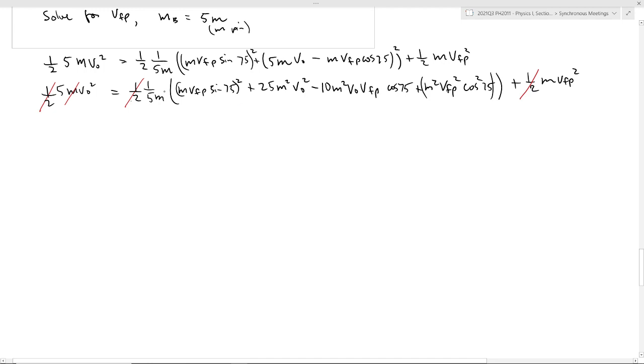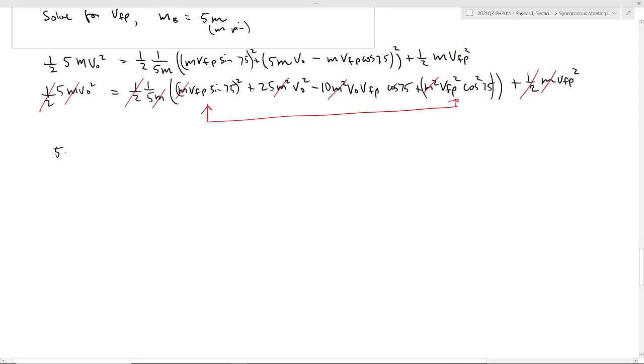So the m's all go away. And then let me just rewrite it, and we will combine this piece, the v final pin sine 75 squared thing, with this one, the cosine squared piece. So let me consolidate this stuff.